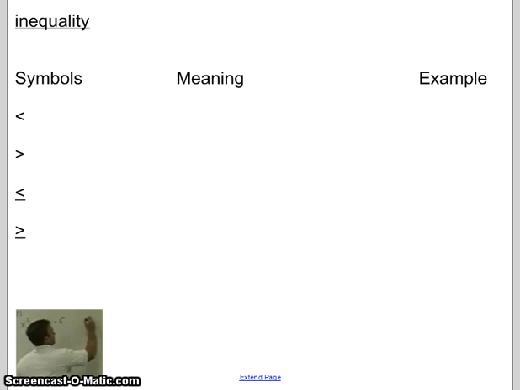Alright, the other part to this section is inequalities. We have not only equals but inequalities. So we have our inequality symbols and what they mean, and I'll show you an example. The first symbol we have here is less than.